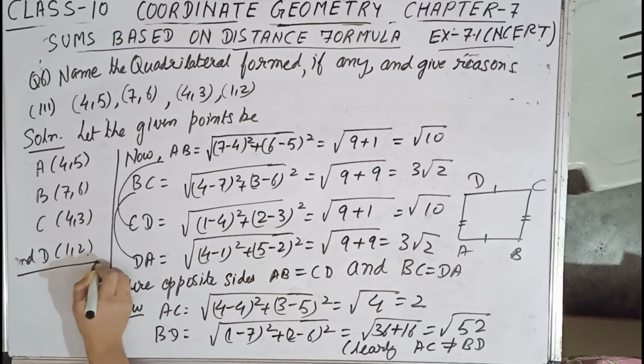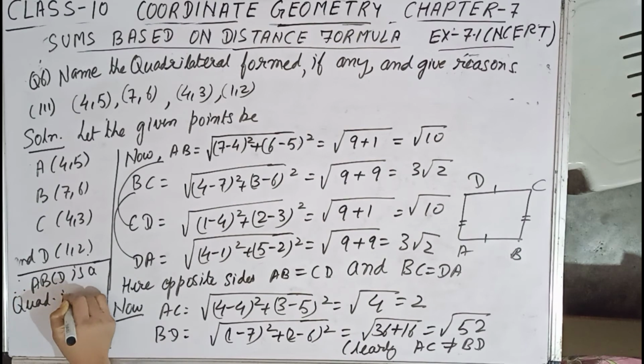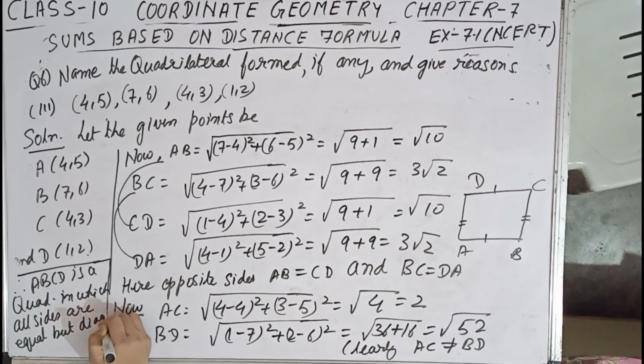The last statement we can write over here: therefore, ABCD is a quadrilateral in which opposite sides are equal but diagonals are unequal. Therefore ABCD is a parallelogram. I don't have space, so you write it on your own.